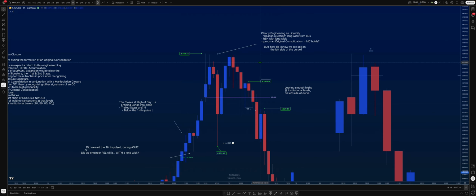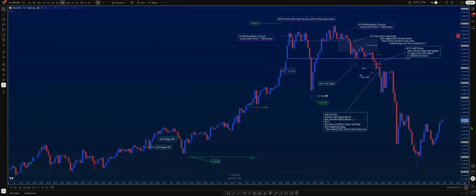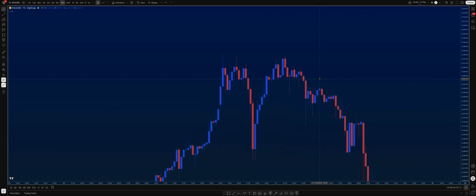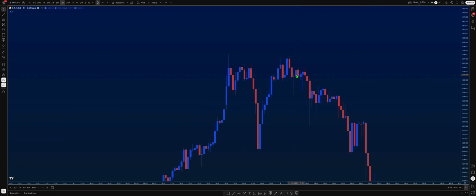Once you see that, you can then drop down to those lower time frames and start identifying that same framework I talked about before. So that's that 1:45 a.m. closure right there. That's that 4-hour manipulation closure. Immediately we start pushing lower like that. And at this point you can start identifying, okay, well, I can see the manipulation closure. That's suggesting this is an original consolidation.